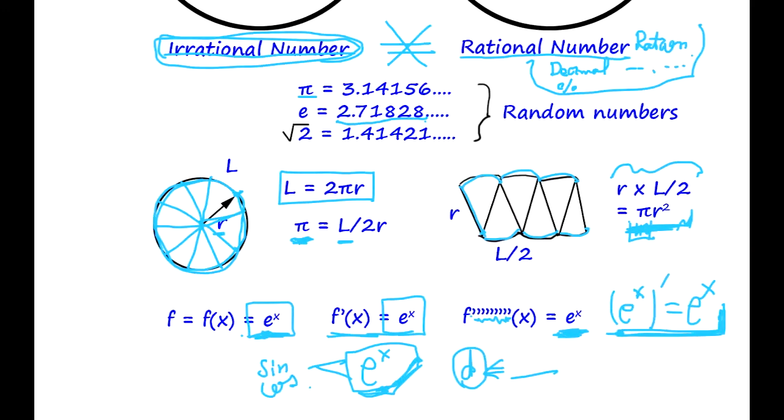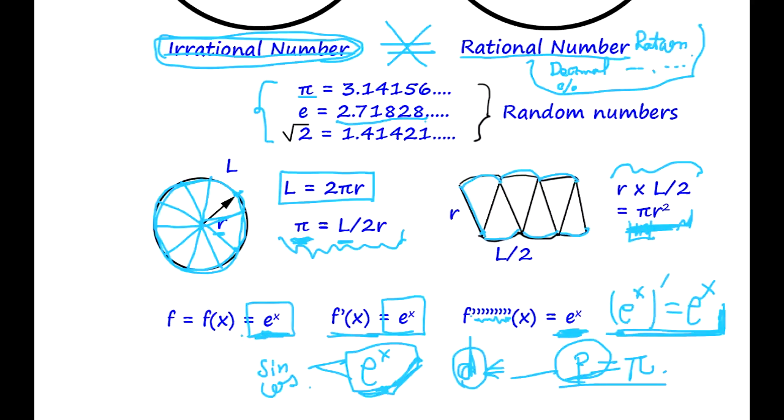So you can find any other irrational number, d or p or whatever you name it. Though p is usually used for pi. Whatever you name it, you can claim that it's an irrational number and it's important for you. It may not be important for other people. The bottom line is there is nothing special about pi except it happens to be the constant for the circle's circumference and area.